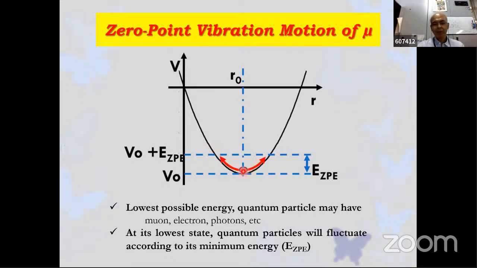We put the muon in the DFT calculations as a local point. But realistically, the muon cannot be stable in only one position. It can be vibrating like this, following the local potential structure.